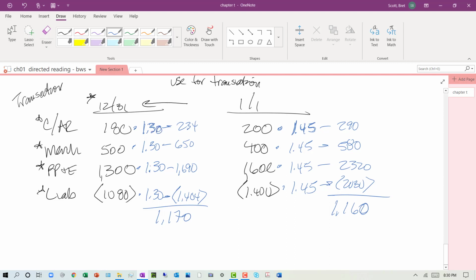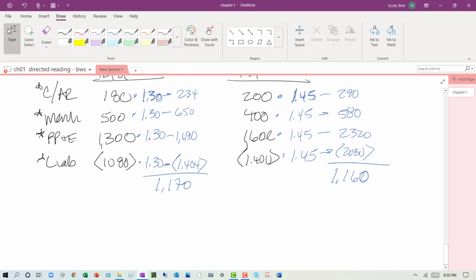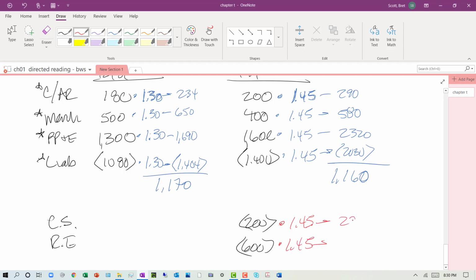But we're not done yet. We're also given information about capital stock and retained earnings. If we acquired this company at January 1st, and we notice that the balance of capital stock was 200 credit and 600 credit, I would multiply that by the rate at that time, which is 1.45, to convert that into 290 and 870.